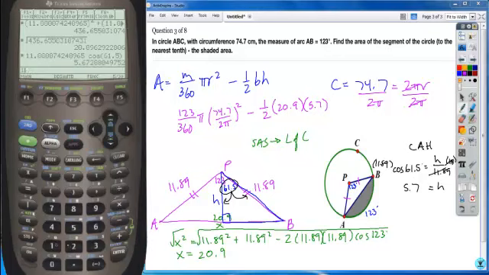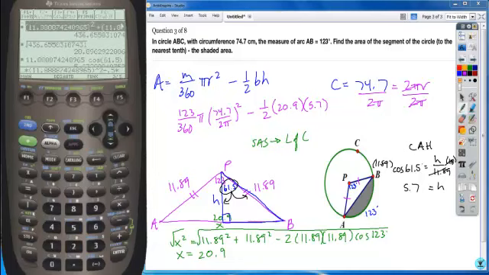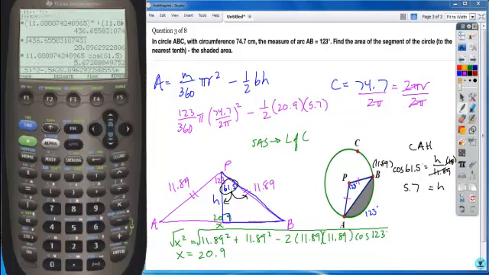So my last step is to take 123 divided by 360 times pi. And I'm going to multiply that by this whole radius, which I got to be 11.89. I'll go up and use that exact value here, squared, minus 1/2 or 0.5 times the 20.9 times this 5.7 value here.